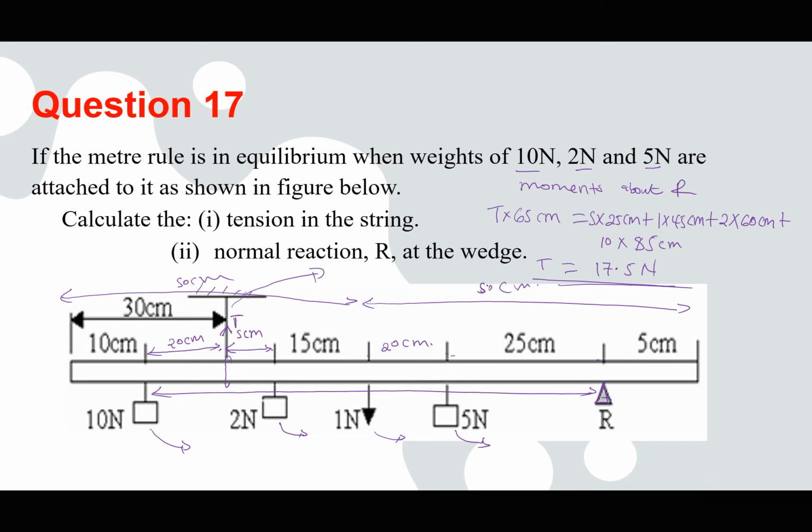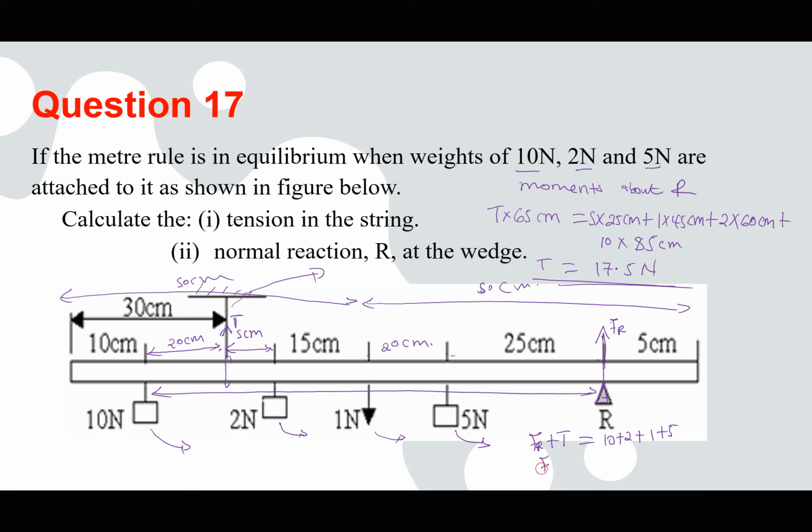Of course, for the normal reaction, the normal reaction force acts at the pivot. I'll call this one force at R. So the force at R acts upwards plus the tension which also acts upwards should be equal to the sum of the forces downwards, which is 10 plus 2 plus 1 plus 5.